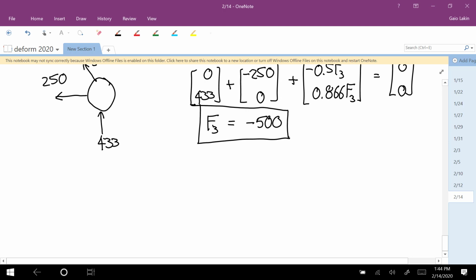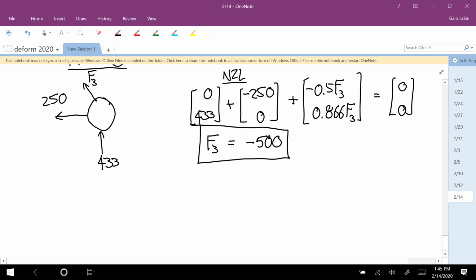Okay, so, well, any questions about that calculation? Yeah. If you assume that it's in tension, then the sign tells you tension or compression. And then you can just use this value directly. You can use it in the stress calculation.